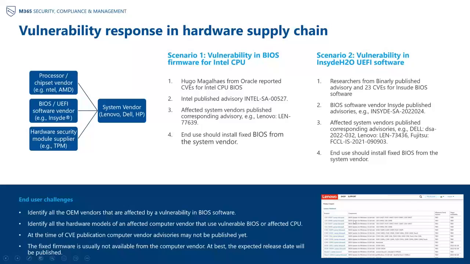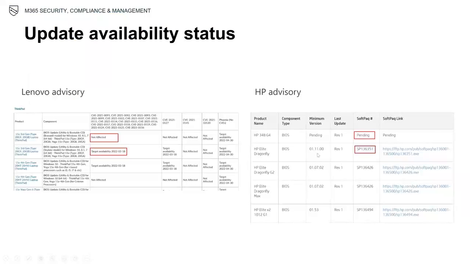So here is an example of a couple of advisories. What you will see is the list of all the models of that vendor. It's like a matrix that says which model is vulnerable to which CVE. In some cases, they will publish a fix right away.